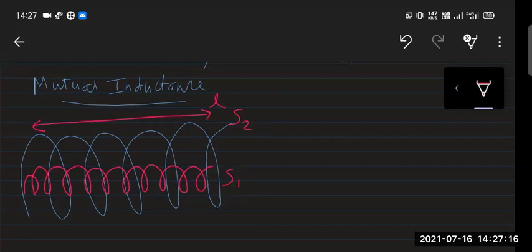The corresponding radii are R2 and R1. The number of turns per unit length is N2 for the outer and N1 for the inner, and the length is the same for both.